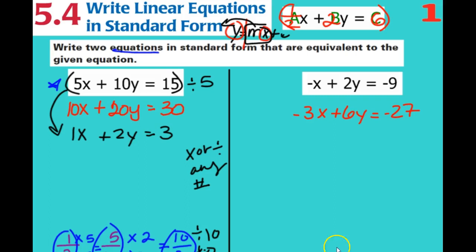I'm going to pick 5. If you want to pick 2 every time, that's fine. 5 times negative 1 is negative 5. 5 times 2 is 10y, and 5 times 9 is 45. So these equations are equivalent to the first equation.